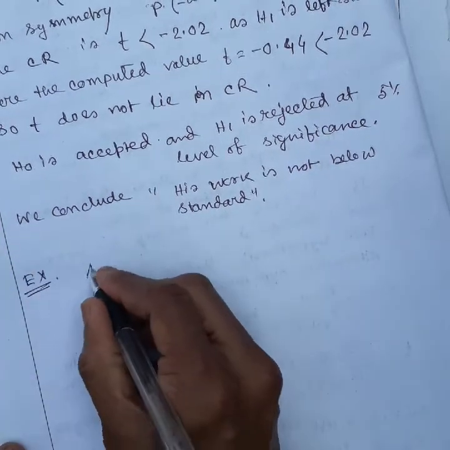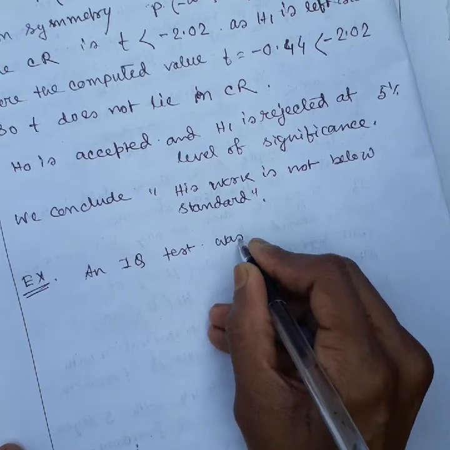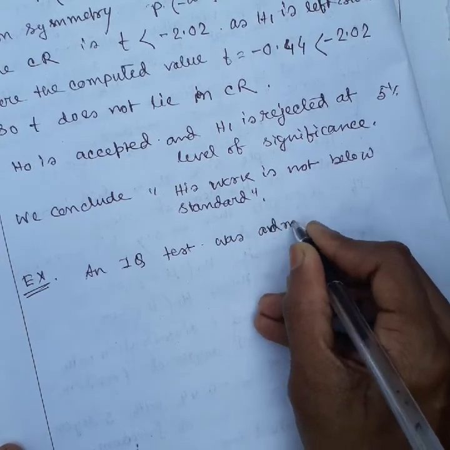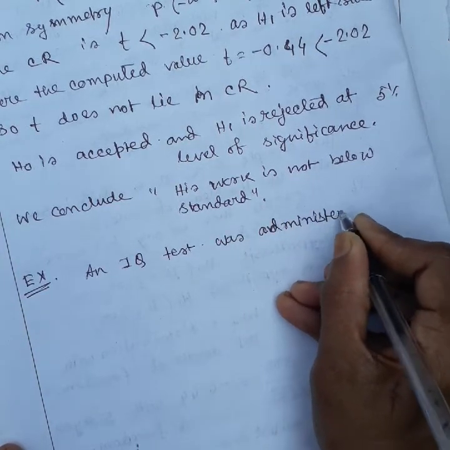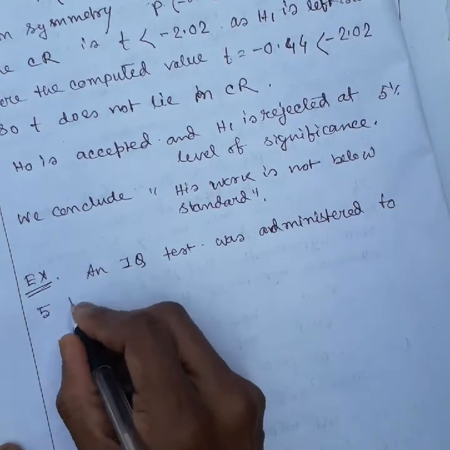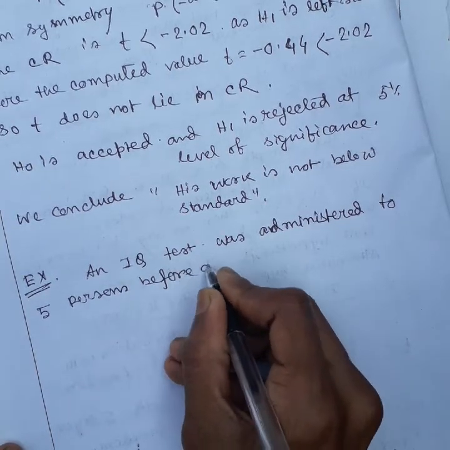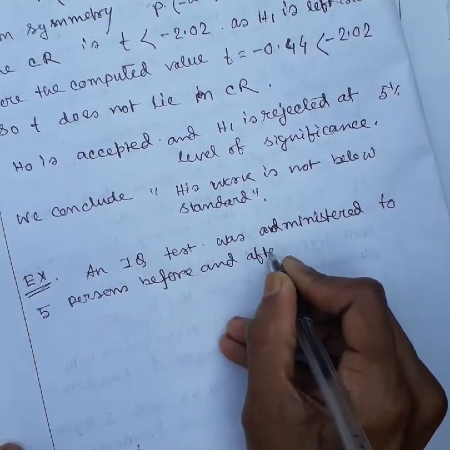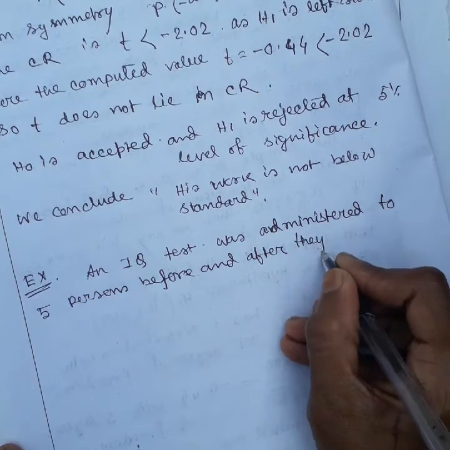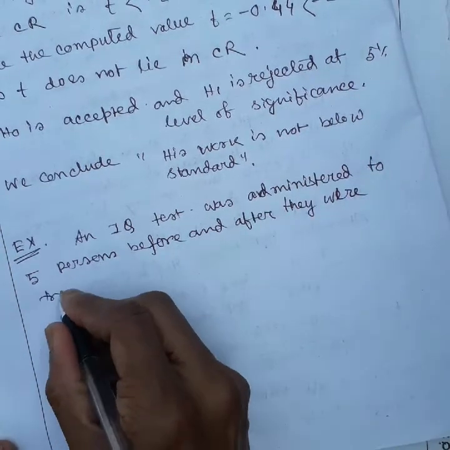So we see here another example. Say an IQ test was administered to 5 persons before and after they were trained.